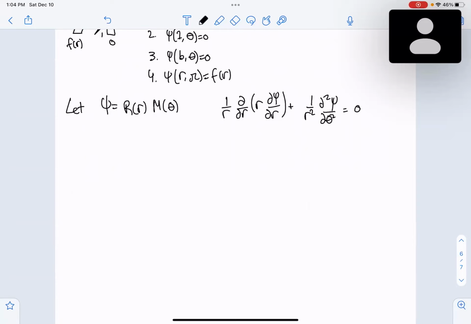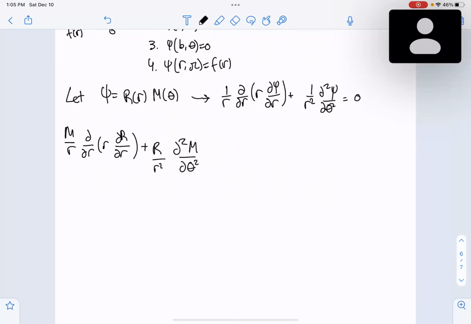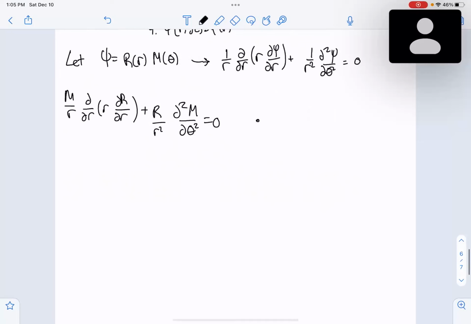Anyway, we're going to plug in phi into this right here. And we'll just, like we always do, rewrite that. We have M over r, d/dr of r dR/dr, plus R over r squared, d squared M over d theta squared is equal to 0. We're actually going to multiply it through here by r squared over RM.